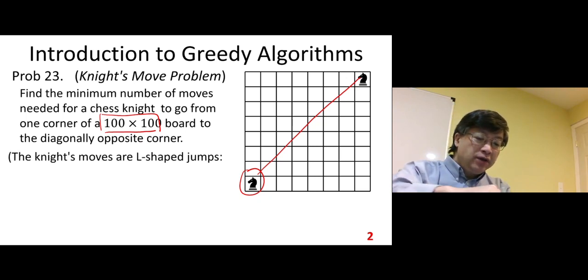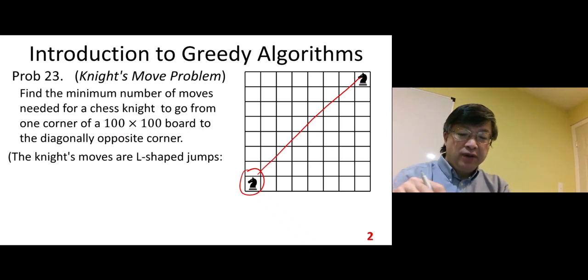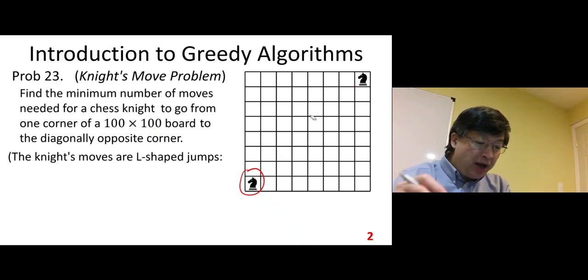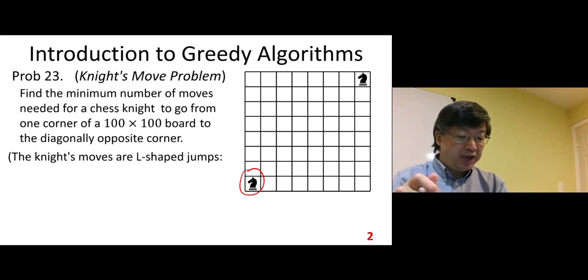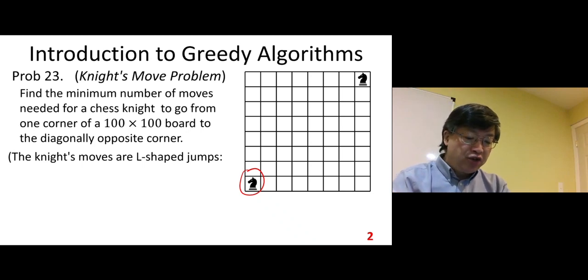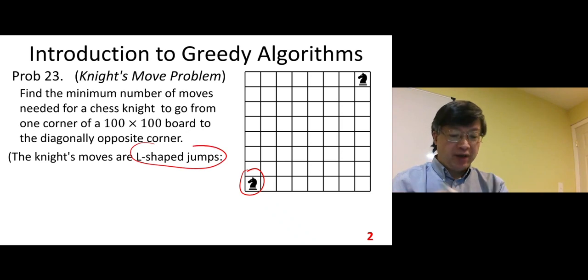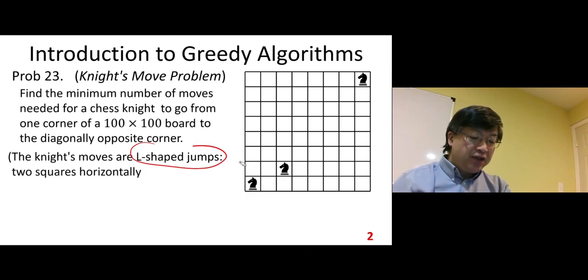The knight's move, I hope you know the rule about the knight's move. L-shaped jumps. So here is one example: 2 squares horizontally and 1 square vertically. Okay, so that is one way.